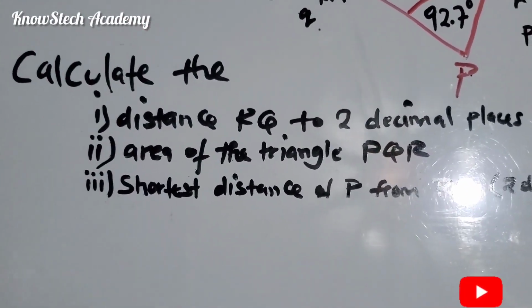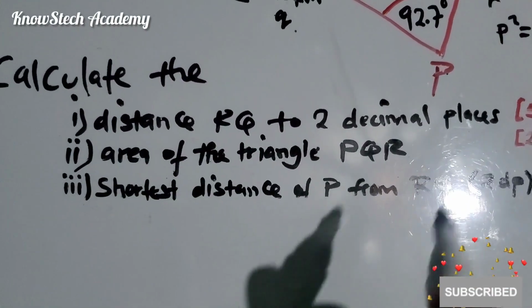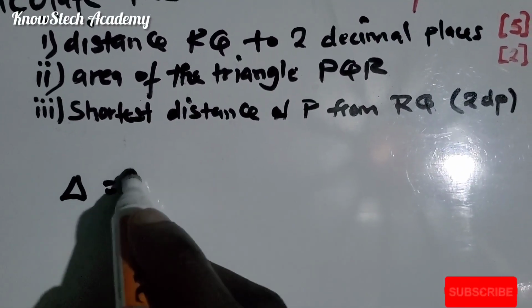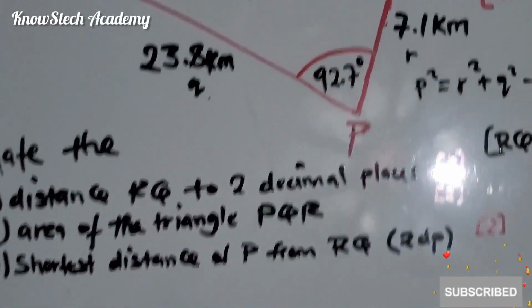Okay, now let's go to the second question. We are asked to find the area of triangle PQR. So the area of a triangle here is given by the formula, area is equal to half the 2 sides.